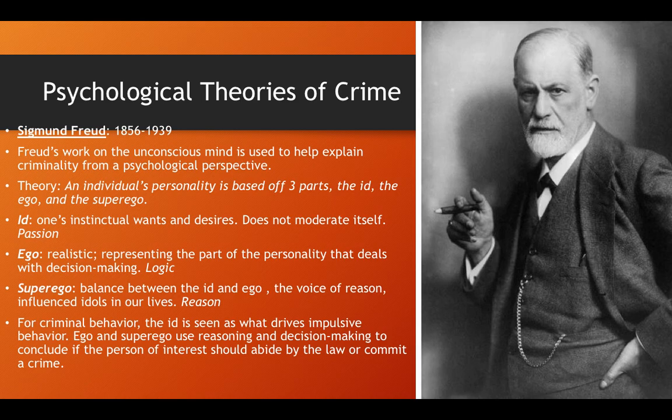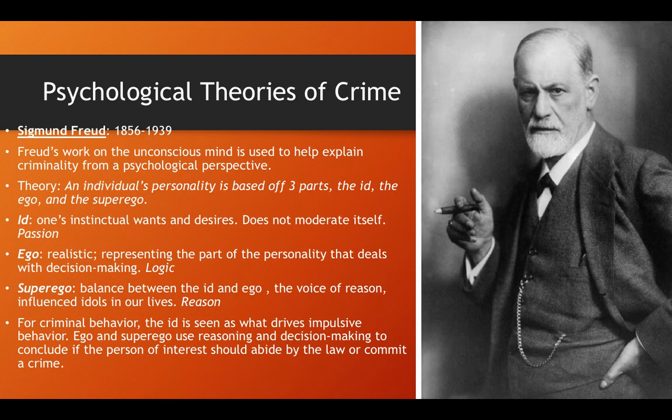Now, how can Freud's concepts of the id, ego, and superego be used to understand criminal behavior, you may be asking, because this is coming from a psychological perspective. Well, in some respects, the id can be thought of as the part of the personality that drives impulsive behavior, and we'll discuss impulsive behavior a little bit later, possibly in part 3.